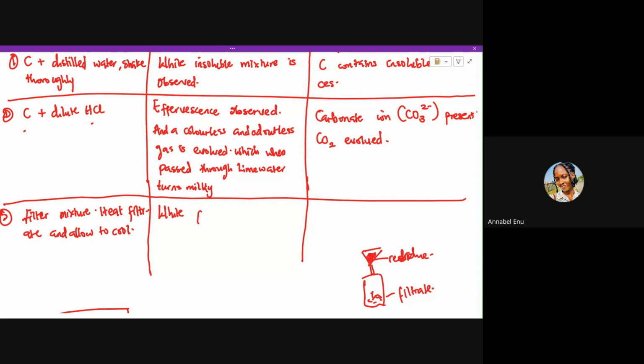So a white precipitate, that's what it does. Heat makes particles be in motion, and so the precipitate won't be settling. It's unlike when the component is cooled, everything is settled.